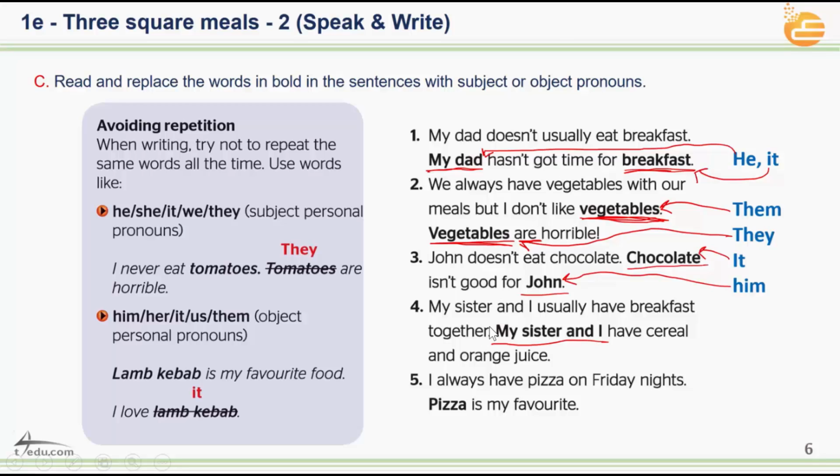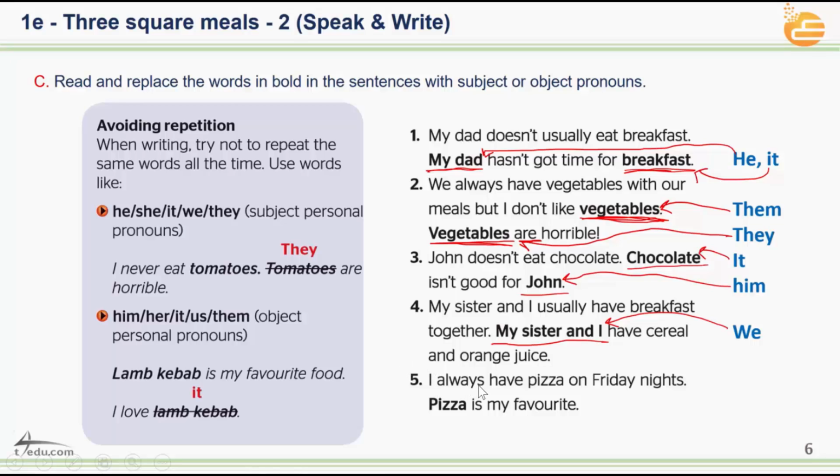So it's at the beginning of the sentence. It's a subject. He, she, it, we, they. What should we say? We, exactly. Okay, this one we have to change with we. My sister and I usually have breakfast together. We have cereal and orange juice.